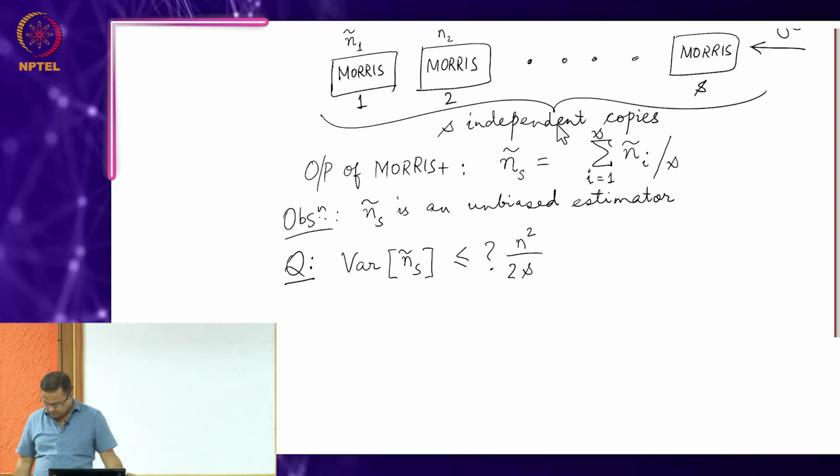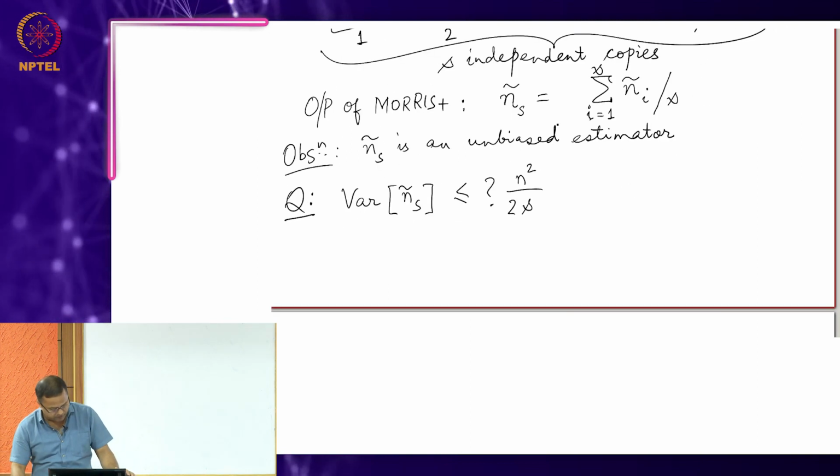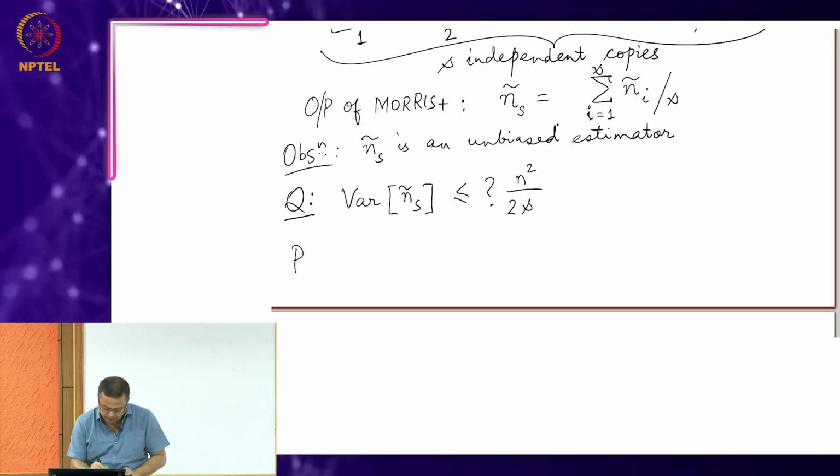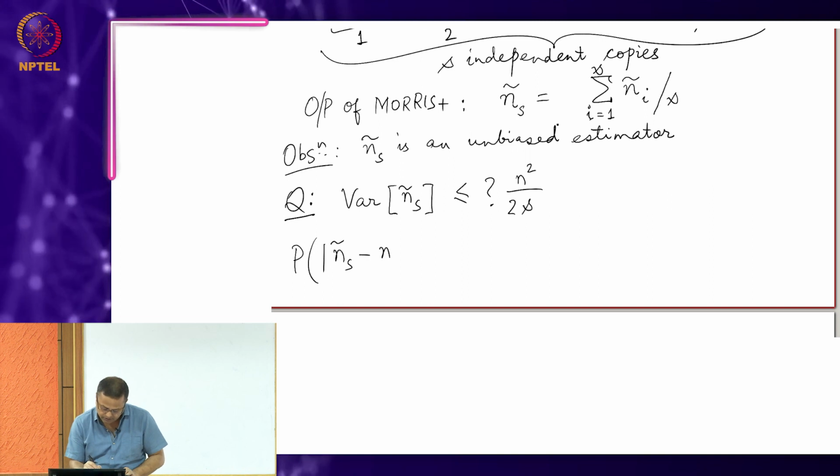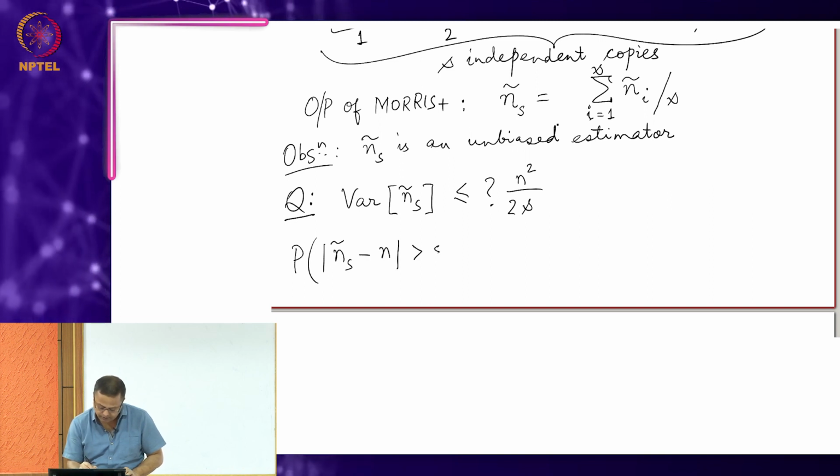Now quickly see what Chebyshev is going to give us. Probability of n_S minus n greater than epsilon n.